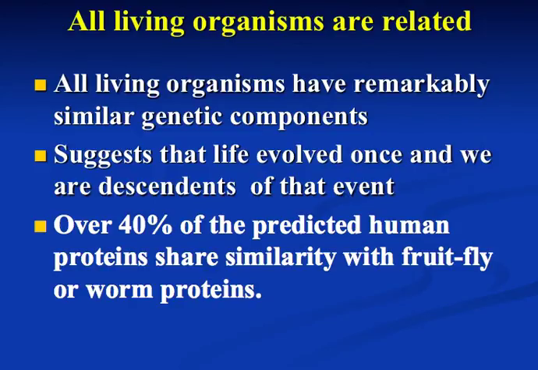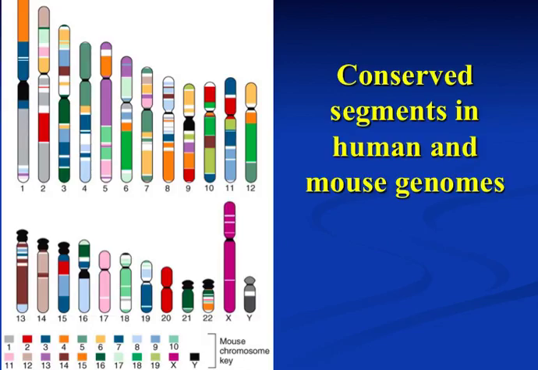So over 40% of the predicted human proteins share similarity with fruit fly or worm proteins, or frogs or mice, etc., which is astounding in my opinion, and that just simply reflects the fact that this gene evolved once, has a useful function and therefore it did not change as evolution occurred because it did its job and there was no need for it to change.